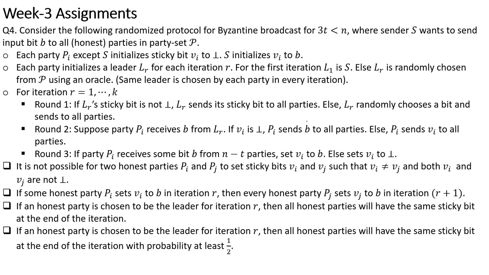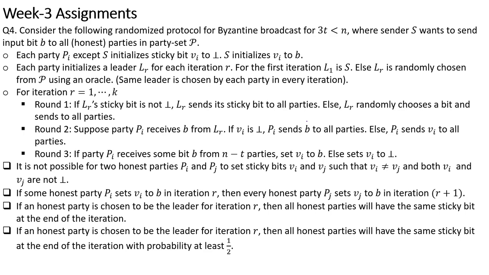Otherwise it sends its own bit to all parties. Notice that in round 2 all the parties act as senders and receivers, whereas in round 1 only the leader acts as a sender. In round 3, if party Pi receives some bit B from n-t parties, set Vi to B, else set Vi to bot.